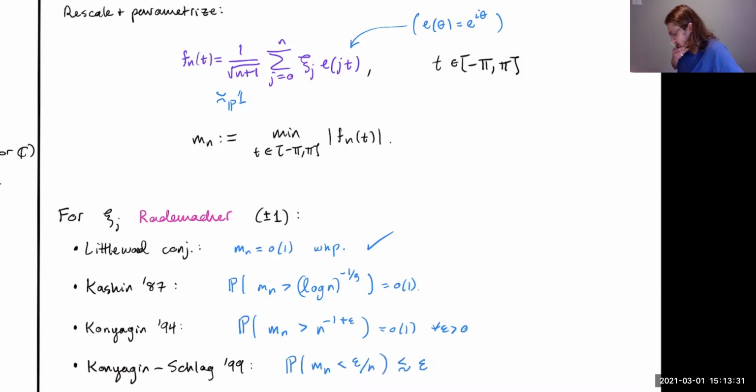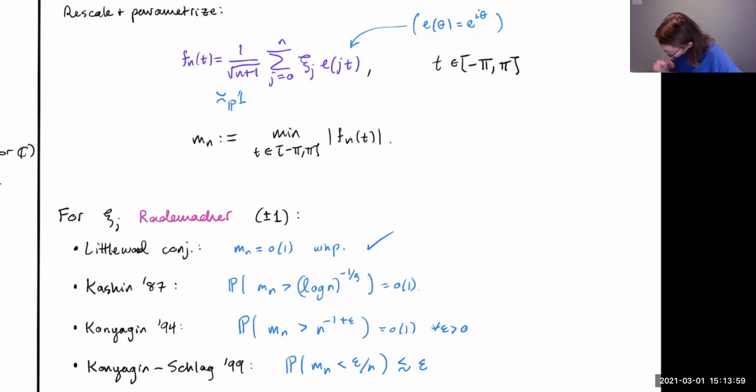So it's near 0, it effectively has a bounded density asymptotically after scaling up by n. So these two together suggest that it is at scale 1 over n. I mean, there's a bit of a gap here, but okay. Is it clear so far?